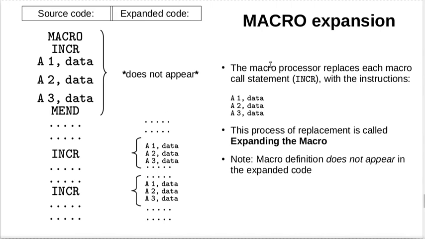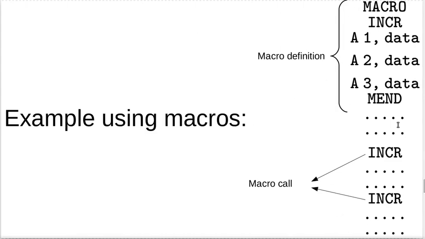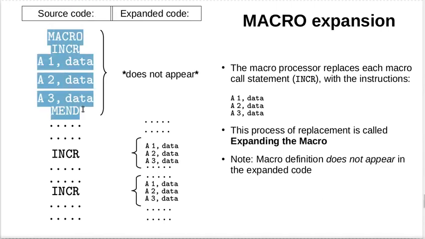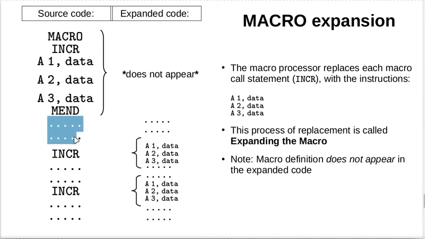Moving ahead, there is something called macro expansion, right? The program that we have originally written for including macros, that is called the source code, because the programmer has written that code. The source code contains a macro definition followed by any number of other instructions, macro calls, other instructions, macro calls, and so on, right?